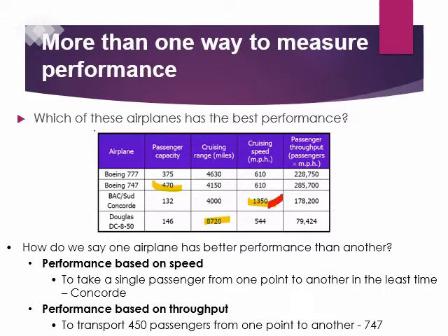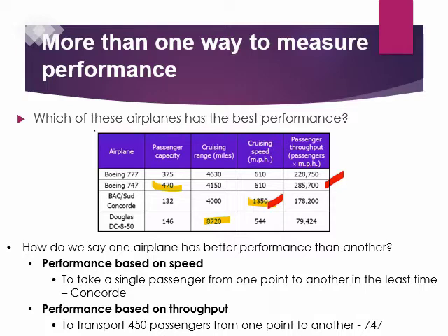But if we want to talk about throughput, meaning how many passengers can we transport in maybe 1 hour, so we break it down. In that case, who has the highest one? The 747, the best throughput.